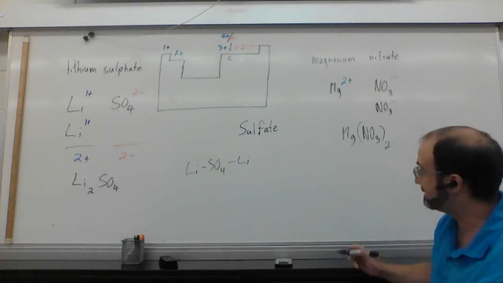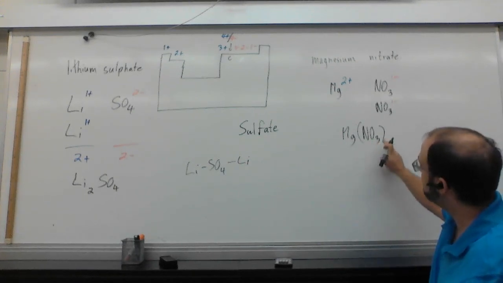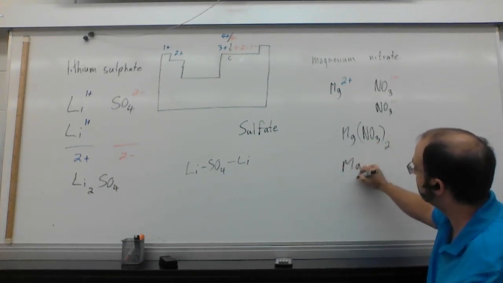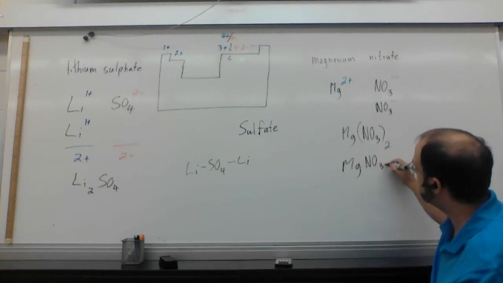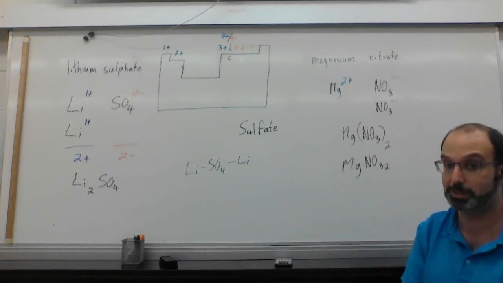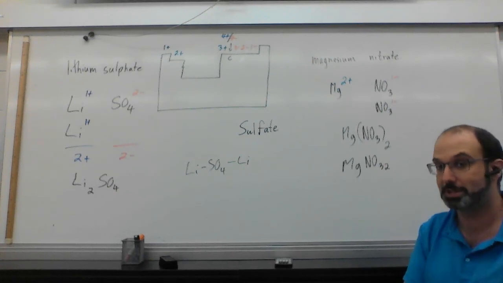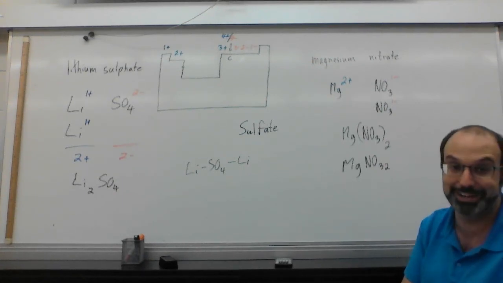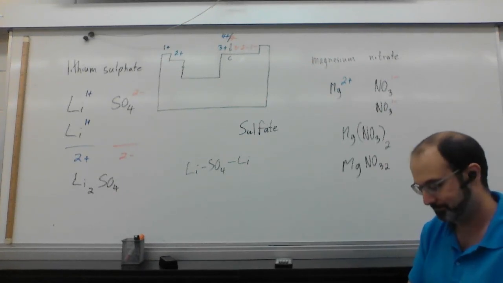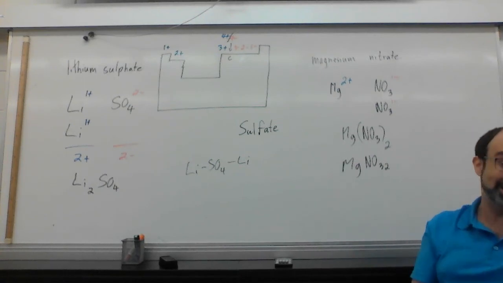Make sure you put the brackets, because Mg(NO3)2 with brackets is very different from MgNO32. Quite a bit different. NO32 is not the same as 2 times everything in the bracket. All right, that's how you write that.